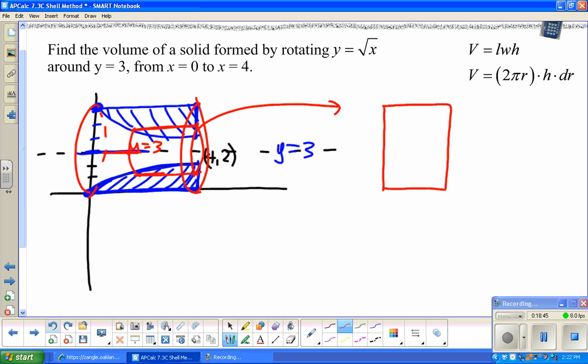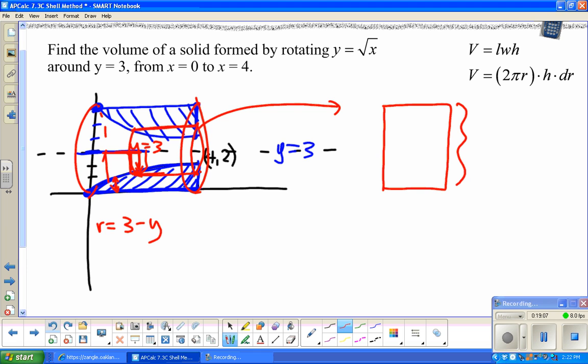So this radius here is going to be actually 3 minus y. Because the distance from the x-axis up to the curve is the y value. So the radius is 3 minus y.